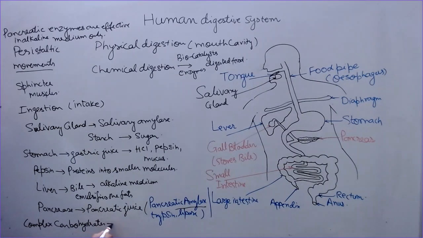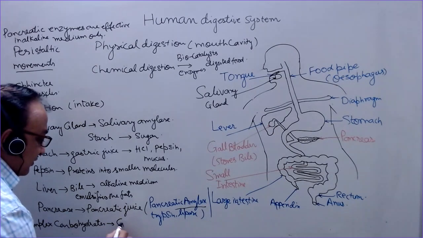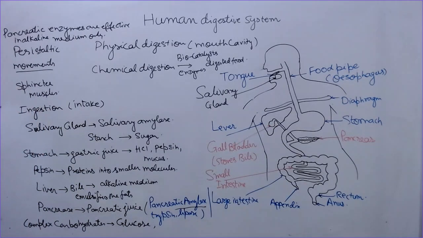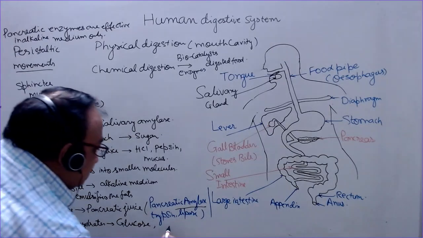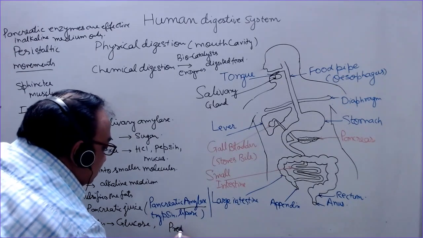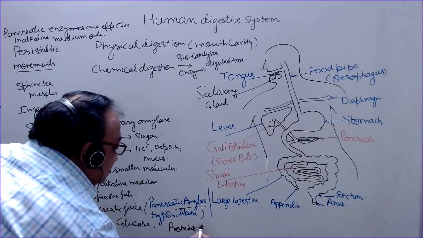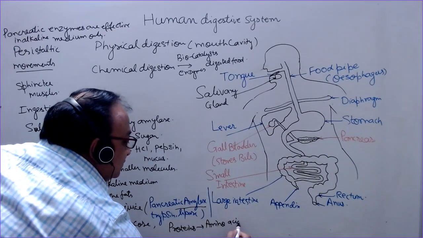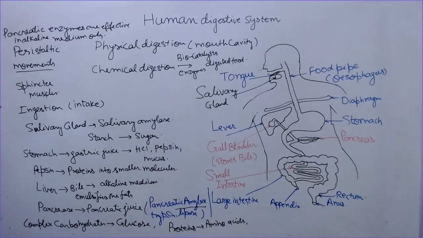The complex carbohydrates are converted into glucose, protein into amino acids, and after this we have fats into fatty acid and glycerol.